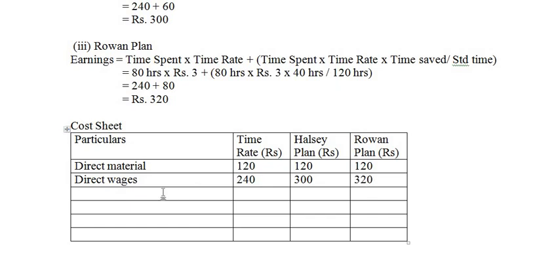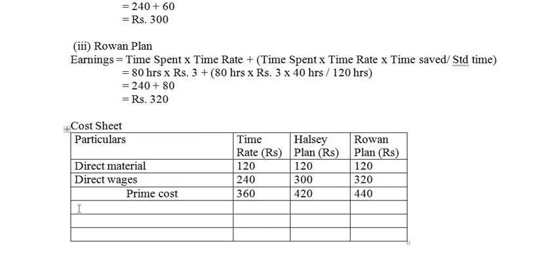Direct expense is not given. So this is called what? Prime cost. Hope everybody is understanding. Okay. Make total. So prime cost under time rate is 360. Under Halsey plan it is 420. Under Rowan plan it is 440.